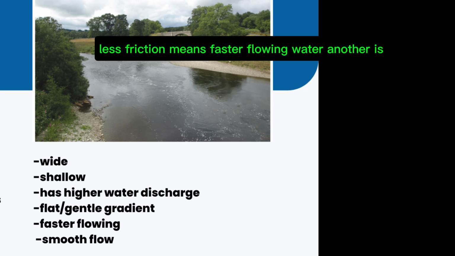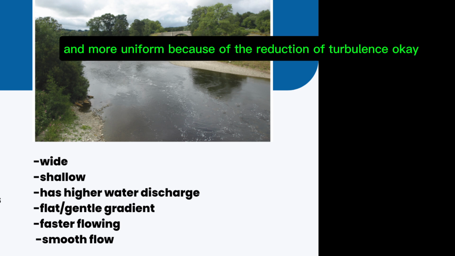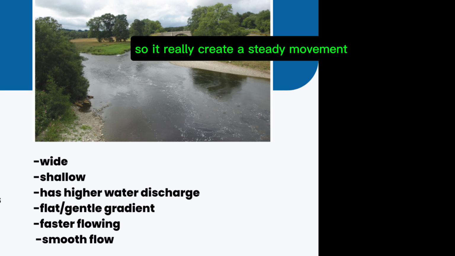Another characteristic is the flow of the river. It has a smooth and more uniform flow in this stage because of the reduction of turbulence. Okay, the flow is not turbulent, and there's a smoother riverbed, so it creates a steady movement.